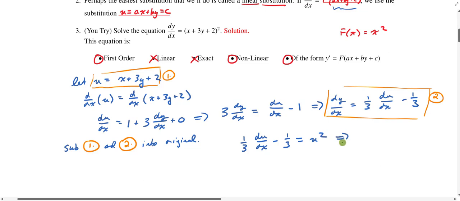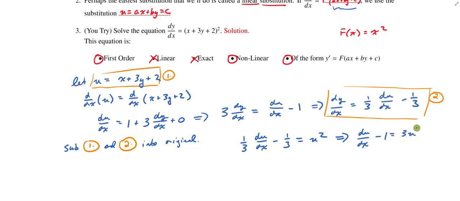I can clean this up by multiplying both sides by 3, so I get du dx minus 1 equals 3u squared. Now I've got a much simpler differential equation that I can solve. While this new differential equation is also nonlinear, it is now separable, so I can use the technique of separation of variables on this new ODE.